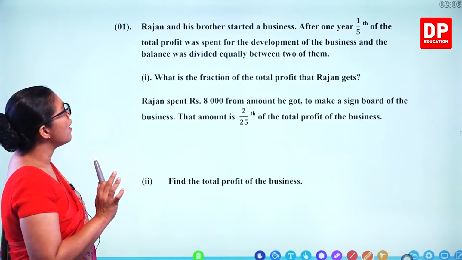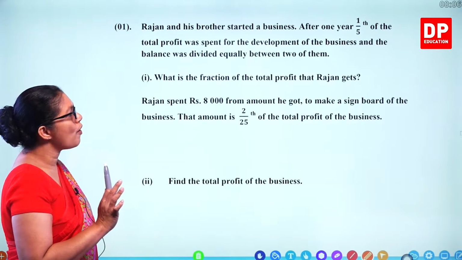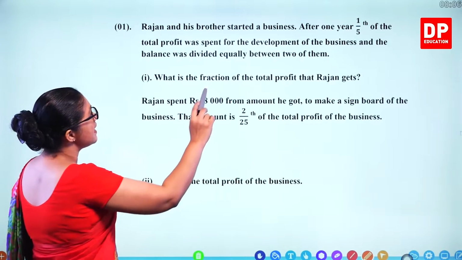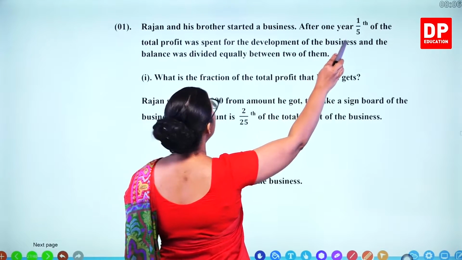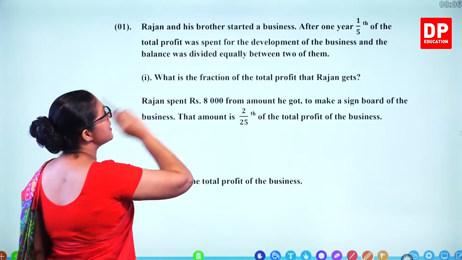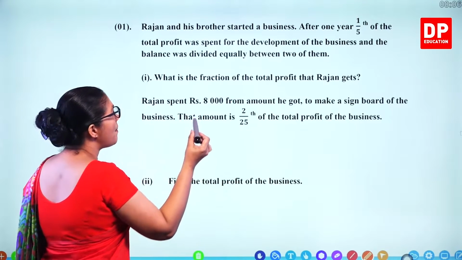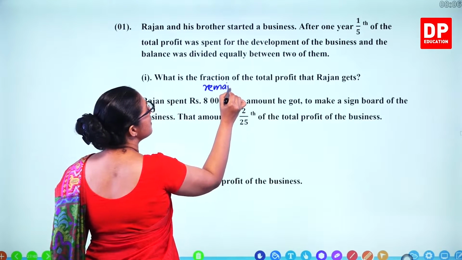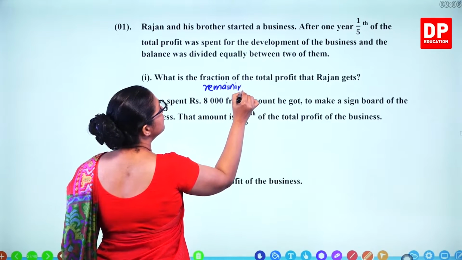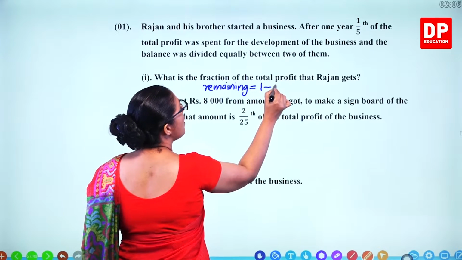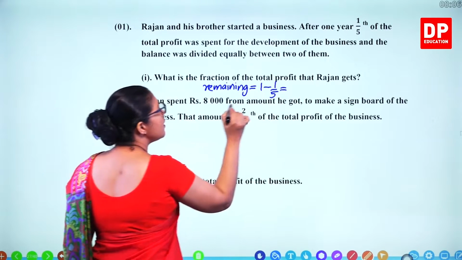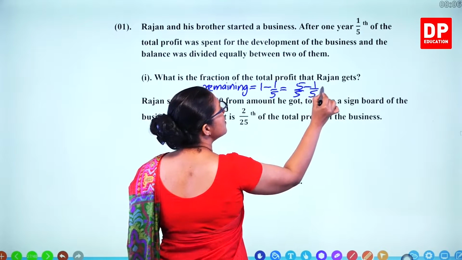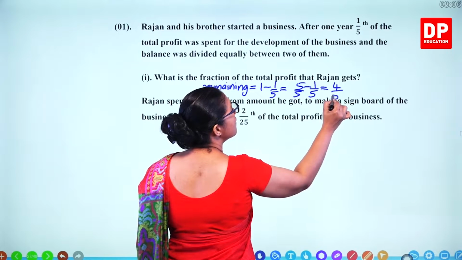So first we have to find the fraction of the total profit that Rajan gets. It says after 1 year, 1/5 of the profit was spent. So what is the remaining amount? The remaining part is 1 minus 1/5. You can write 1 as 5/5 minus 1/5. You get 4/5.